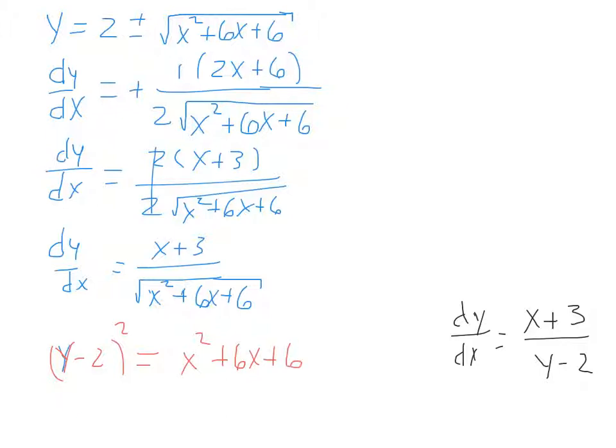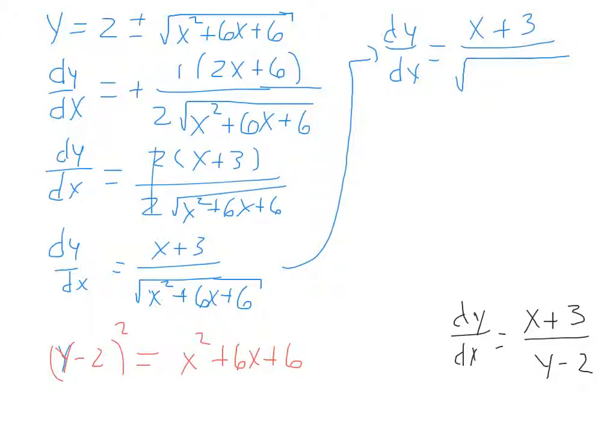Because I know that, I'm going to replace the denominator here with that information, and we'll say that dy/dx will be equal to x plus 3 divided by the square root, and now we replace that x squared plus 6x plus 6 with y minus 2, the quantity squared.